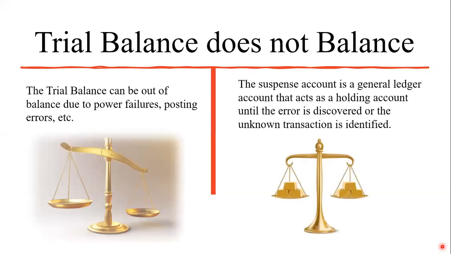But nowadays, we have what we call a suspense account, and the system automatically posts to this account, and you can identify it quickly by just analyzing the suspense account, and then one can do the necessary transactions to correct it.